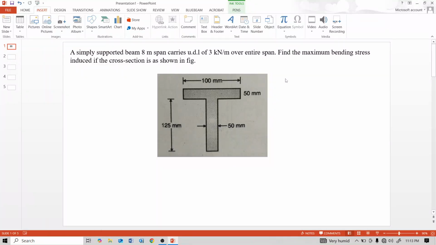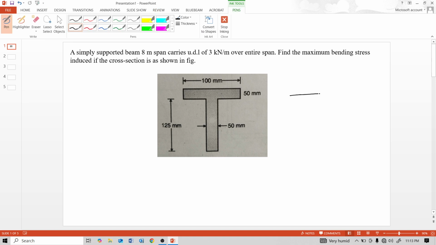Today's numerical is a simply supported beam of 8 meter span that carries a uniformly distributed load of 3 kilonewton per meter over the entire span. Find the maximum bending stress induced if the cross section is as shown in the figure.